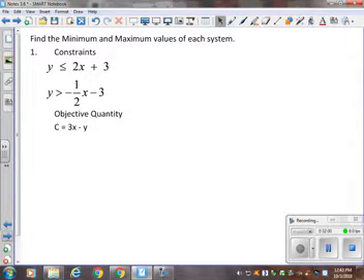So the first half of this equation is going to be based on what we just talked about. Constraints are the sides of the shaded region that binds it together to be either bounded or unbounded. That's what constraints are. You are not typing the objective quantity in your calculator or in your Desmos. That is the new part I want to show you how to do. But we're going to graph it on there to make it go a little faster. So everybody type these two equations in totally in your Desmos.